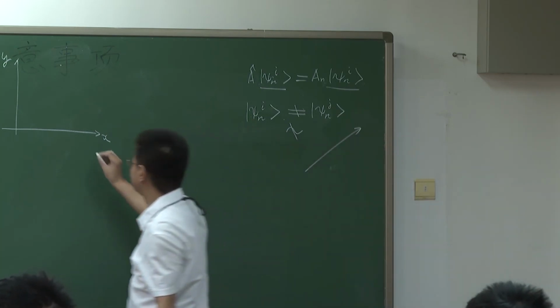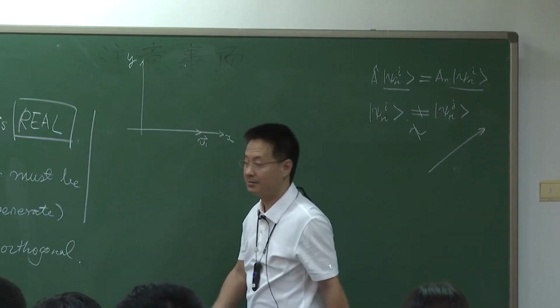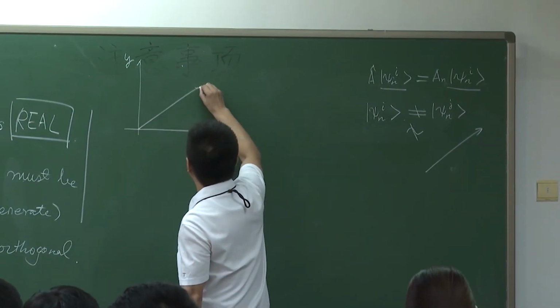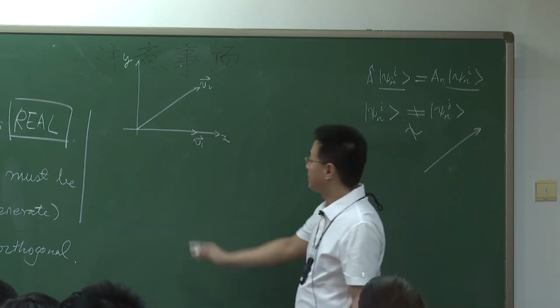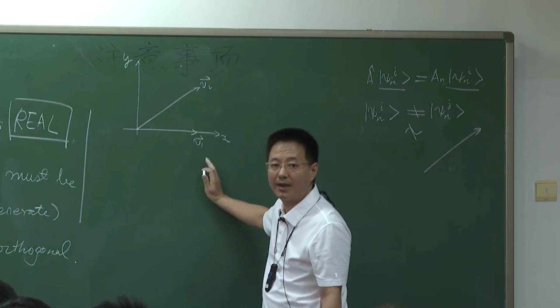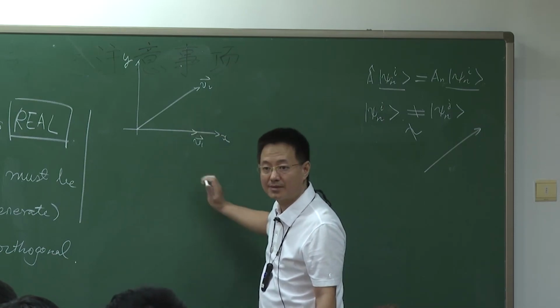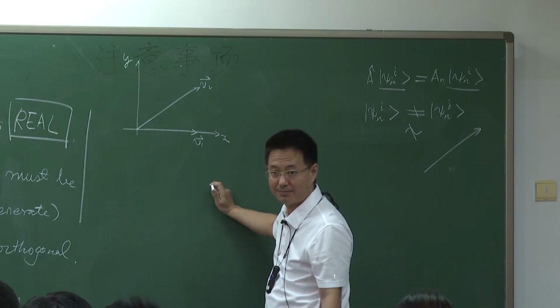It's just like this. This is V1, that is a vector, and this is V2, right? That's another vector. If V2 and V1 are not in the same direction, these two vectors are linearly independent.